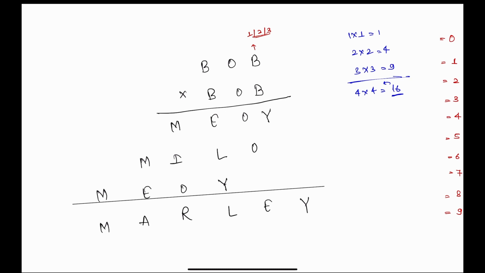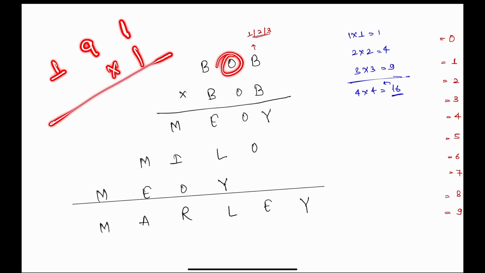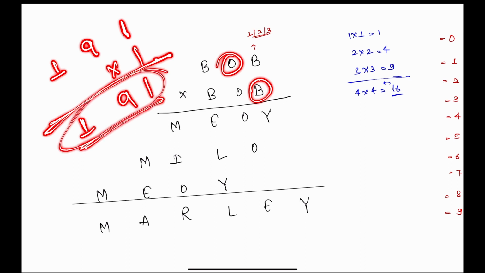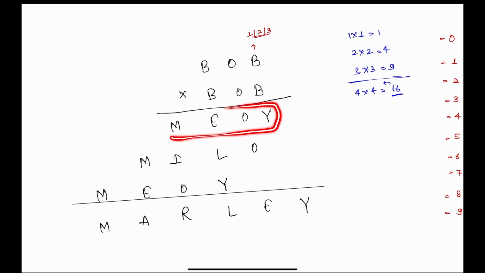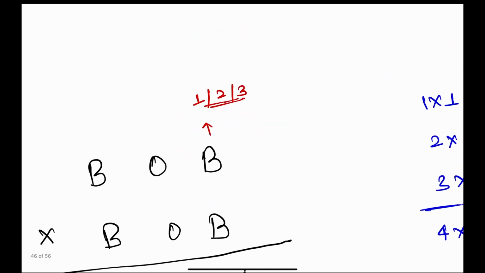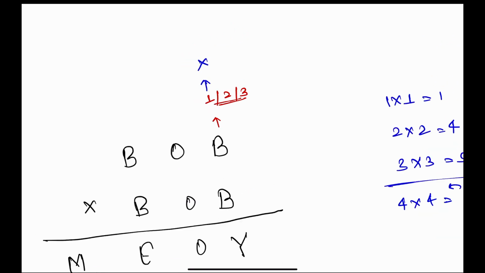If I just say 1, o can be taken, let's take 9 as maximum value, b will again be 1. If I multiply with 1, the maximum I am getting is only a 3 digit number. But MUOY is a 2 digit number, right? So 1 is not possible.